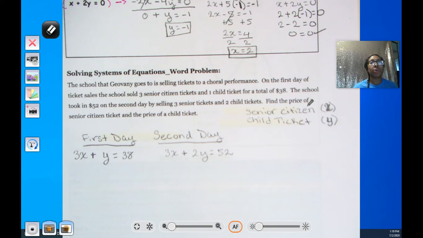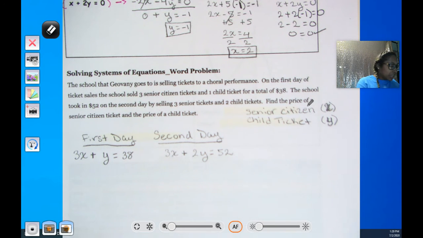So what we want to know is, how much does each senior citizen ticket cost and how much does each child ticket cost? In order to find that, we need to find the solution for the system of equations. We can use either the substitution method that we talked about today or the elimination method.